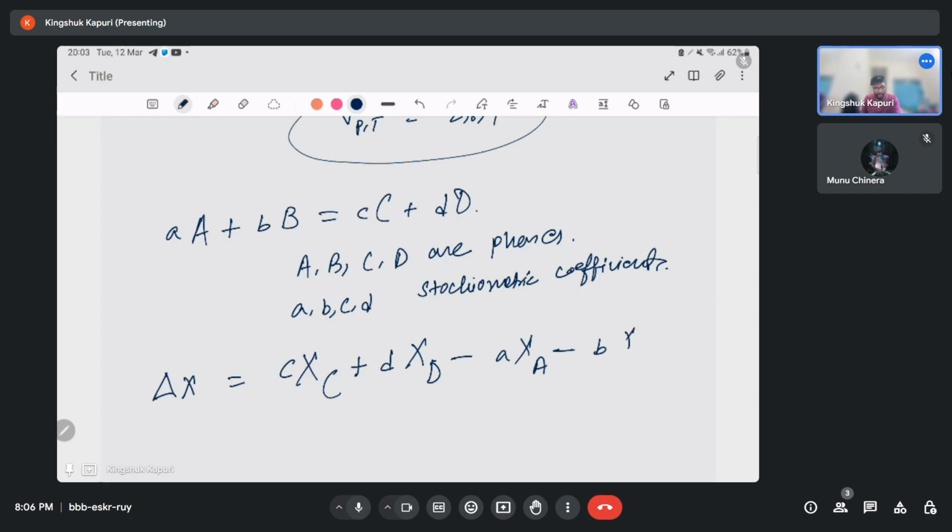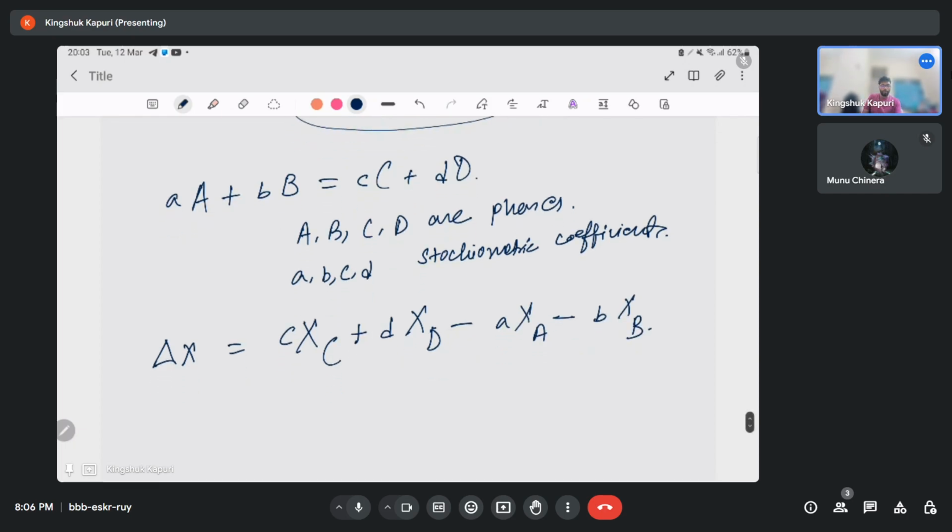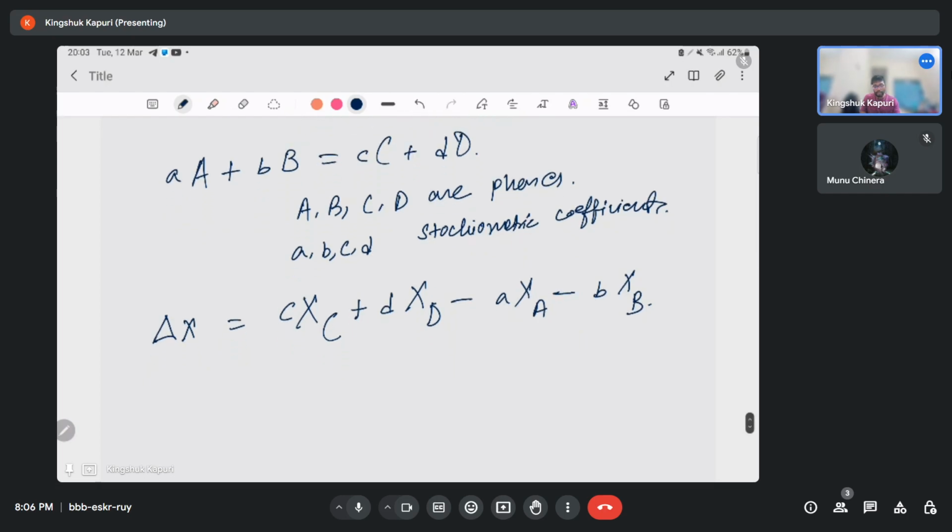minus bXb. In a similar fashion, if we want to calculate the change in X, it may be any term, it can be your coefficient, your mole, anything, and it can also be G. If you want to calculate the change in Gibbs free energy for a particular reaction, you just replace this X with G. So ΔG of a reaction will be cGC plus dGD minus aGA minus bGB, where a, b, c, d are the stoichiometric coefficients.